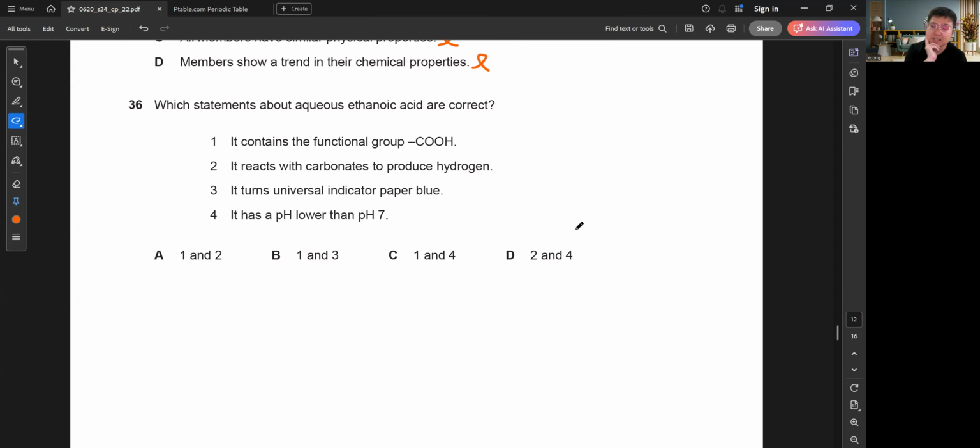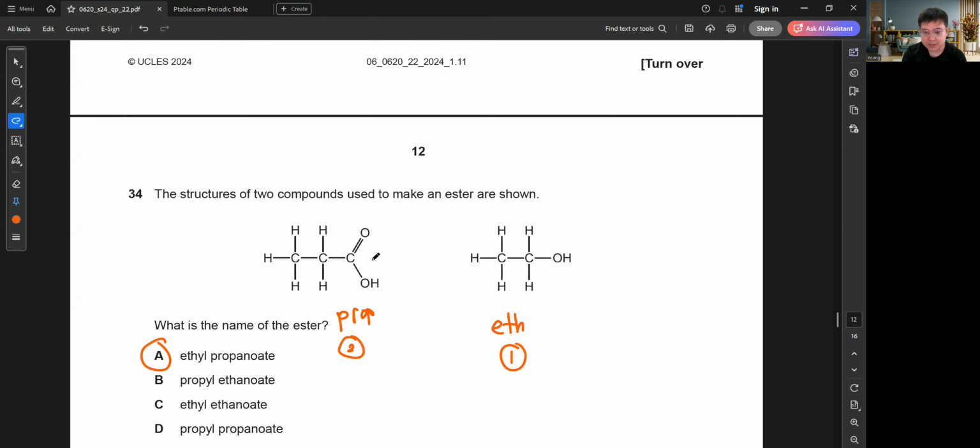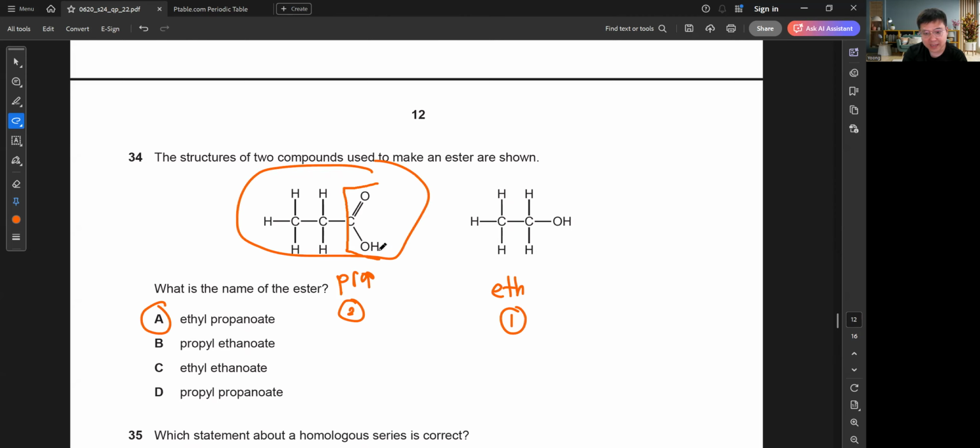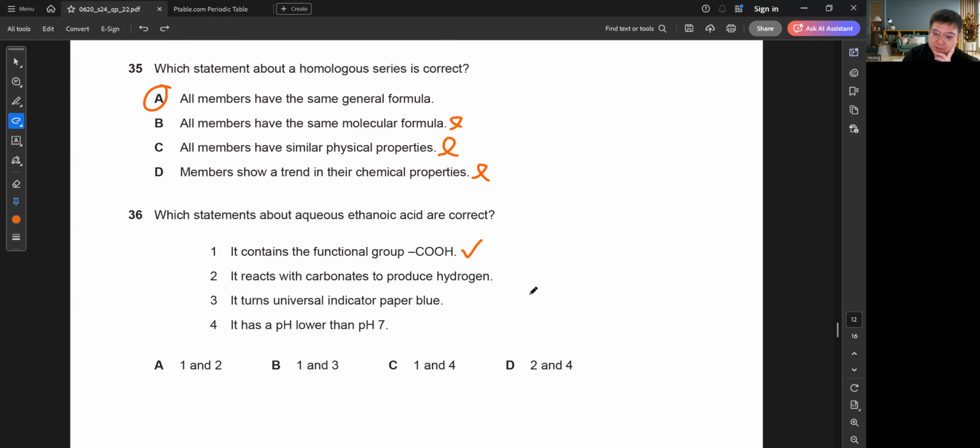36. Which statement about ethanoic acid is correct? Contains the functional group COOH. Yes, correct. An example of ethanoic acid is this one here. We can see that they have the COOH group inside. So yes, it's correct. It reacts with carbonates to produce hydrogen. There are specific reactions for every single group in the hydrocarbon, so students need to memorize whether it can react with hydrogen.